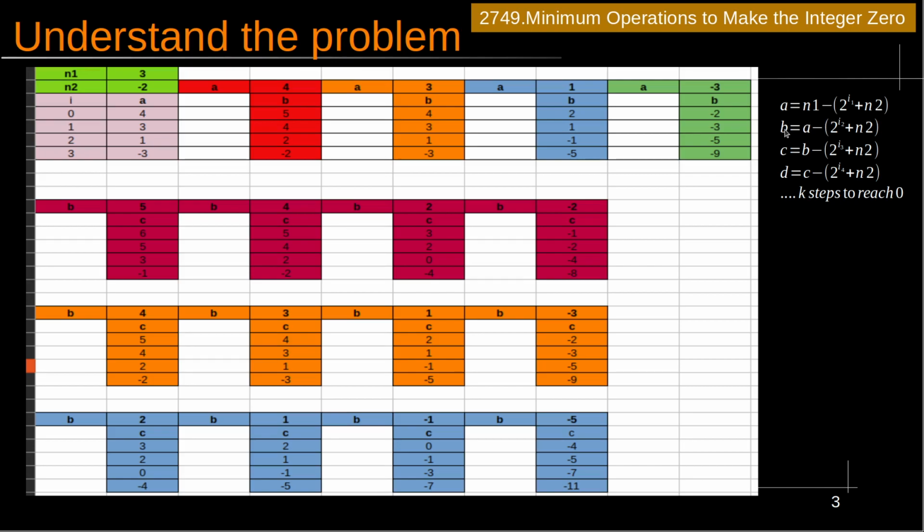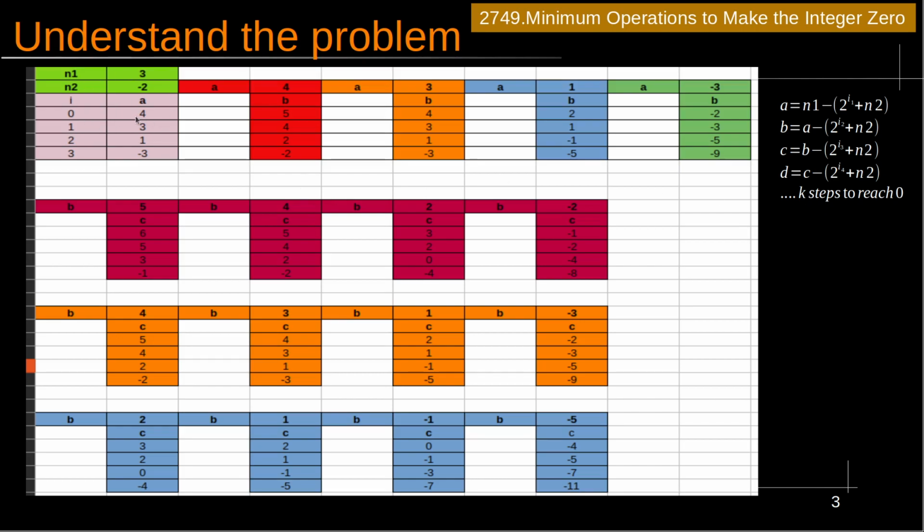Then I compute b, which is equal to a minus 2^i2 plus n2, because the power could be equal here, but it could also be different. Then c is equal to b minus 2^i3 plus n2, and so on, until we reach 0. We count the number of steps to reach 0.